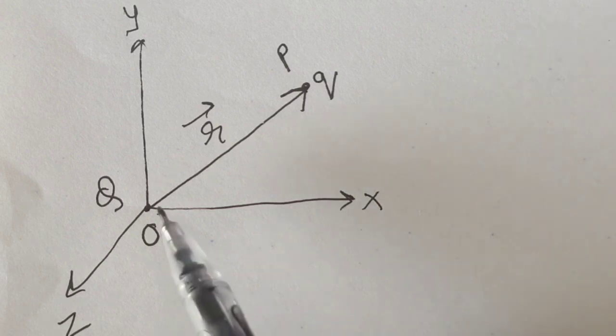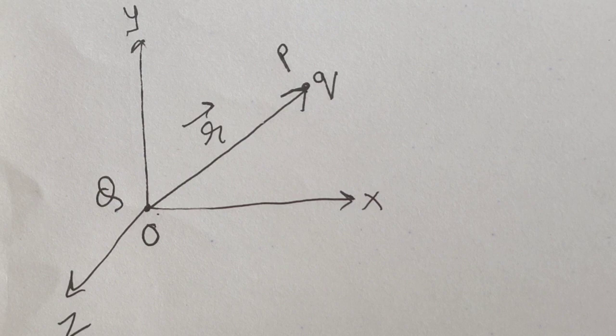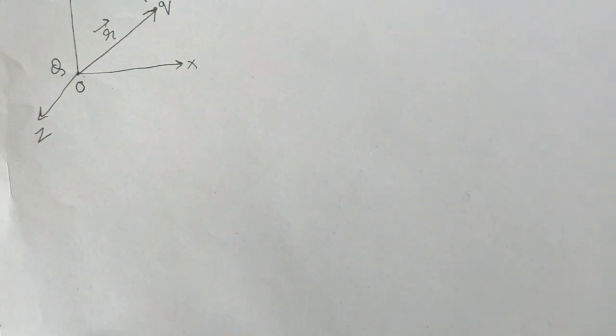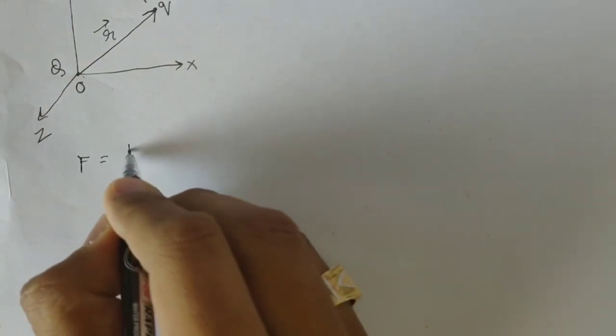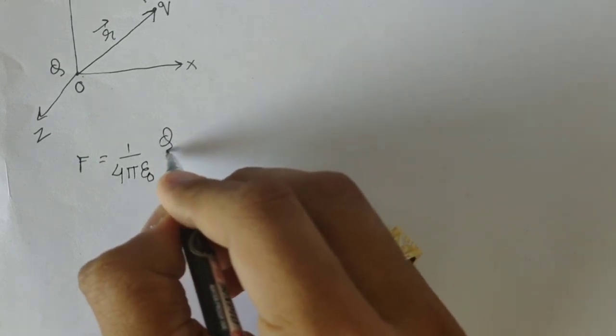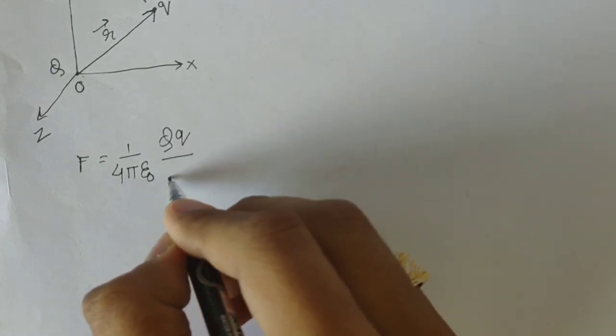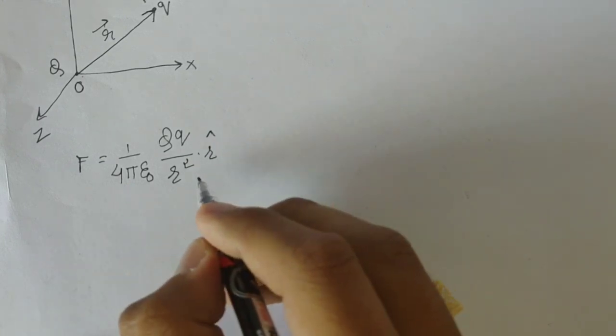Now the force between capital Q and small q, according to Coulomb's law, is F equals 1 upon 4 pi epsilon 0, Q q by r square, into r caret.